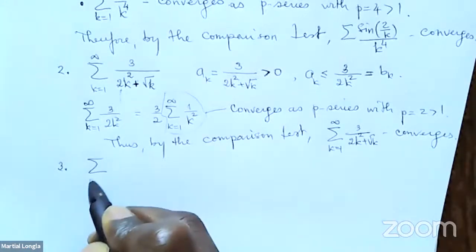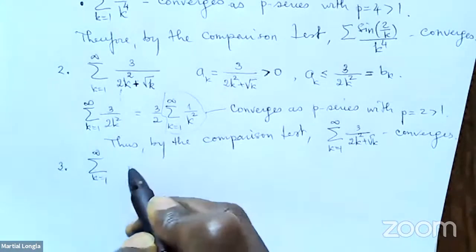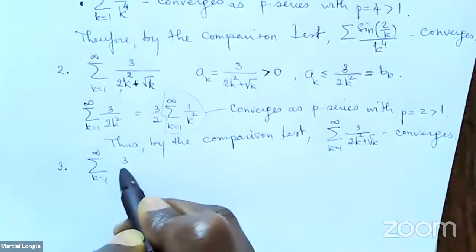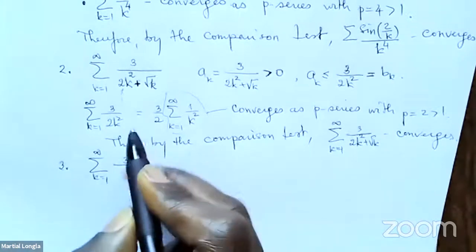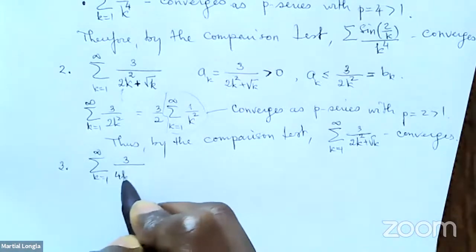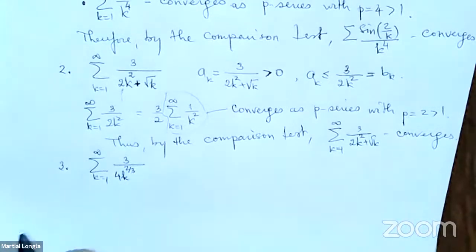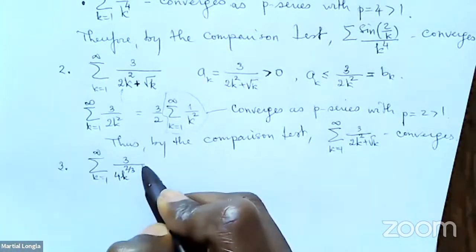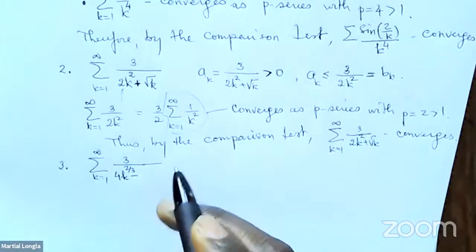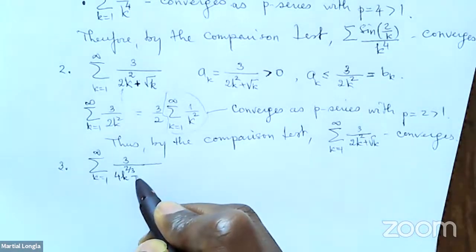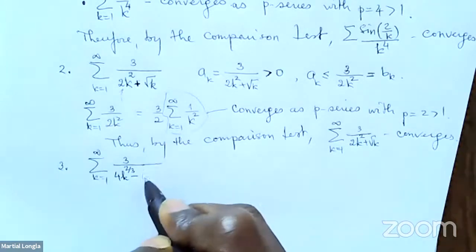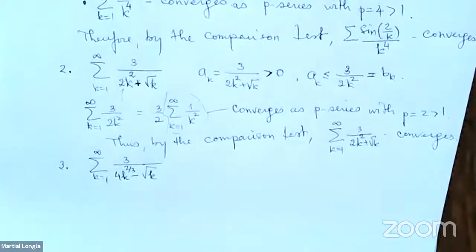If on the other side I had k to the power 2/3 minus square root of k, then we still think here, which of these two things is larger?